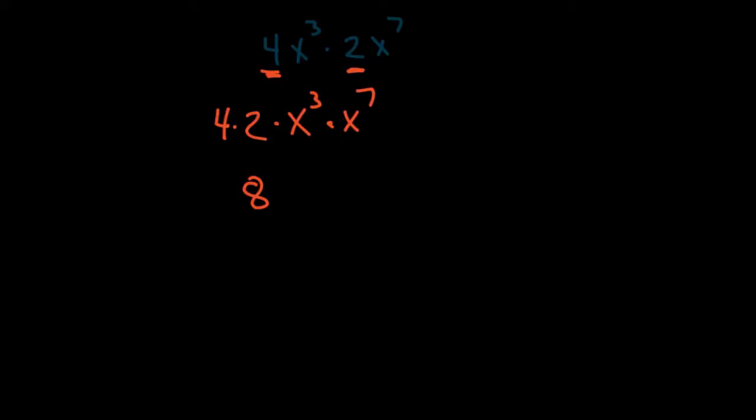We can add the exponents, so that becomes x to the 10th. And that's our final answer, 8x to the 10th. To summarize, we're multiplying the coefficients, the numbers out front, the 4 and the 2, and we're adding the exponents, the 3 and the 7. So altogether we get 8x to the 10th.